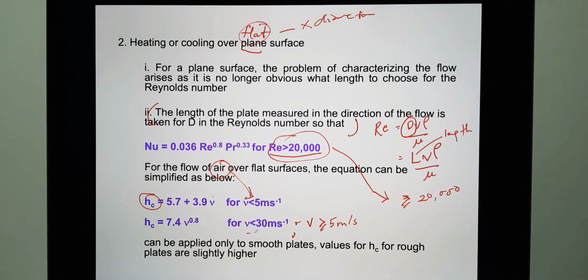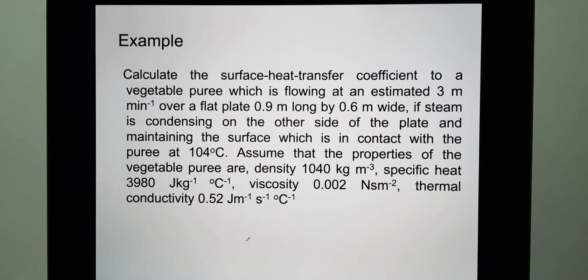So V is less than 30 meter per second, but the velocity of air is greater than or equal to 5 meter per second. This equation for the heat transfer coefficient can be applied only for smooth plates. Values of HC for rough plates are basically higher because there is some resistance when the fluid flows on a rough surface.